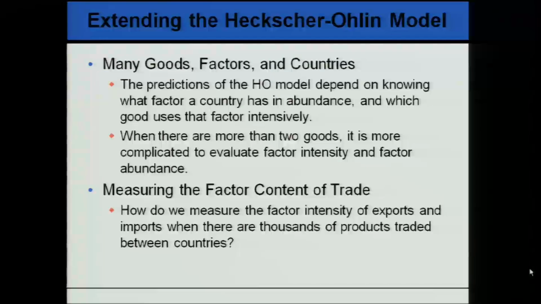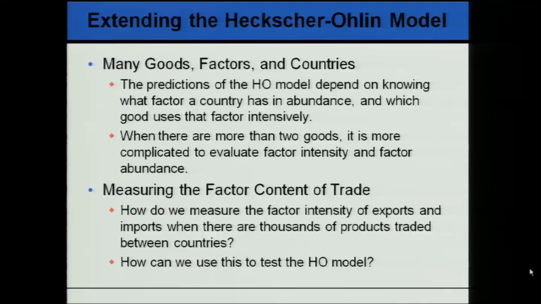So, see how Vanek contributed in defining and measuring the factor content of trade. Now, how do we measure the factor intensity of exports and imports when there are thousands of products traded between countries? How can we use this to test the HO model? Those are the questions. How do we measure the factor abundance? How do we measure the factor content of trade? Now, please recall the table that I showed.